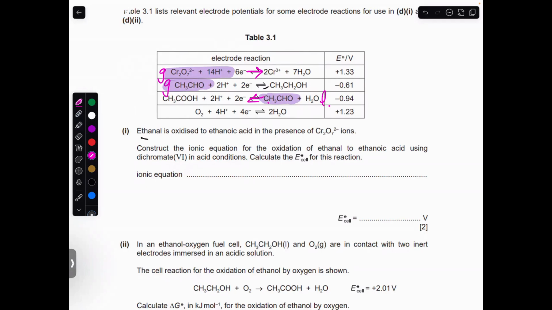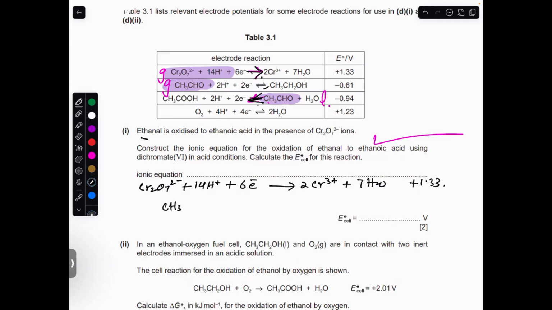And second, if I just follow the statement, what is the statement? The statement is that ethanol is oxidized by chromate. So, chromate: Cr2O7, 14H plus, 6 electron, gives 2 Cr3 plus, 7 water, and 1.33.